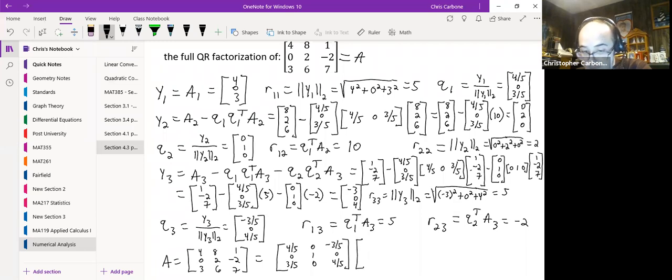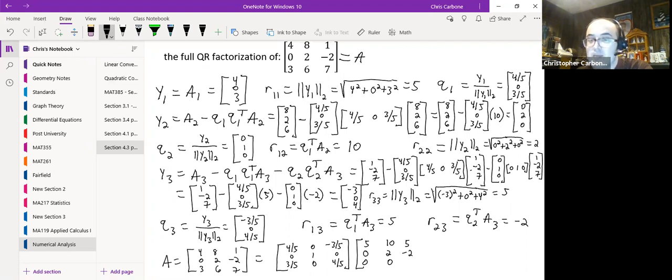The matrix R. We will be taking these various values that we found. So we have 5, 10, and 5. Then we have a 0 here, and then 2, -2, and 2 more zeros, and where did I write it?